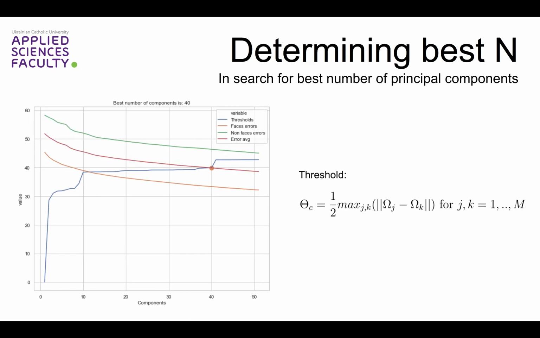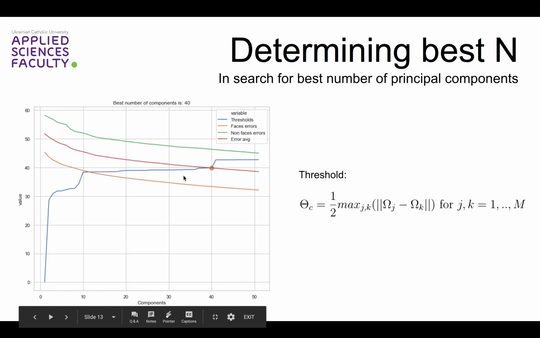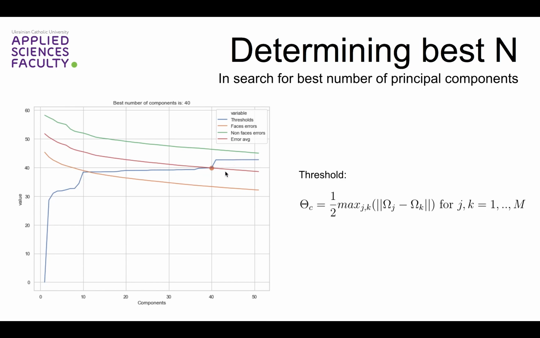Additionally, we could find the best number of principal components where the separation of two classes is the best. The threshold is half of the distance between any two images in the dataset, and where the line of the threshold crosses the average error between two classes, that is the number of components to use.